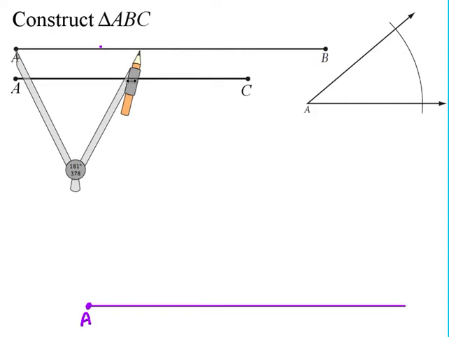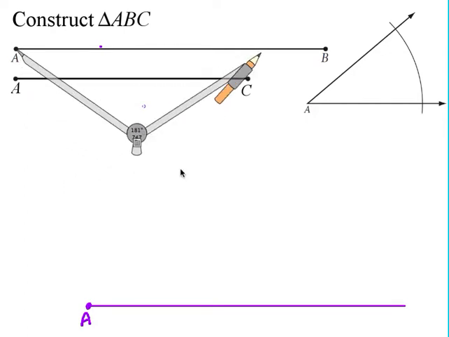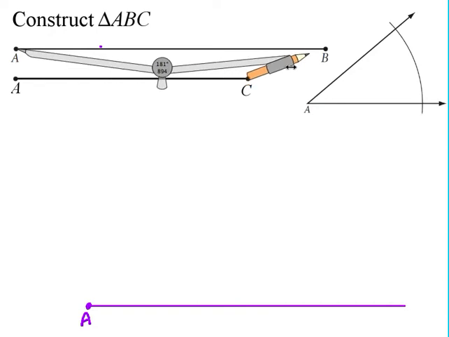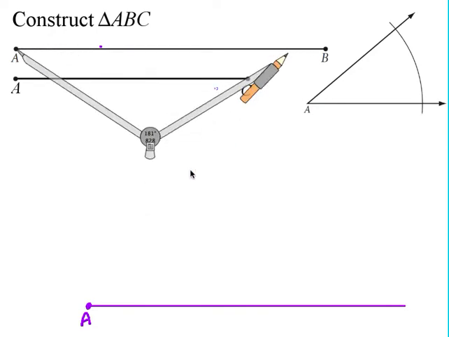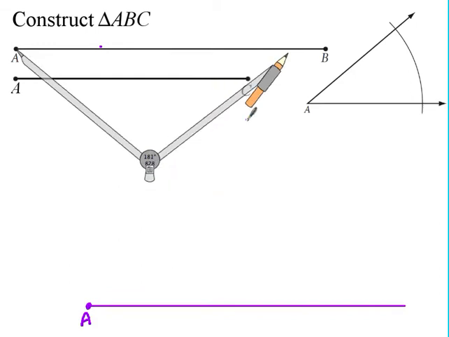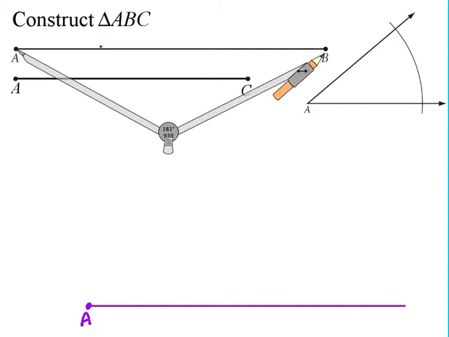So let's increase. I still need to increase even more. I'm just going to go 2 more because I don't want to mess with it. Okay, make it a little bit bigger.